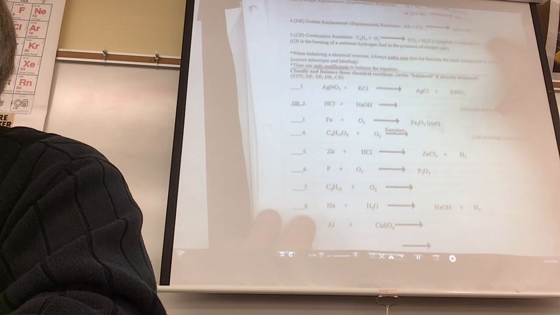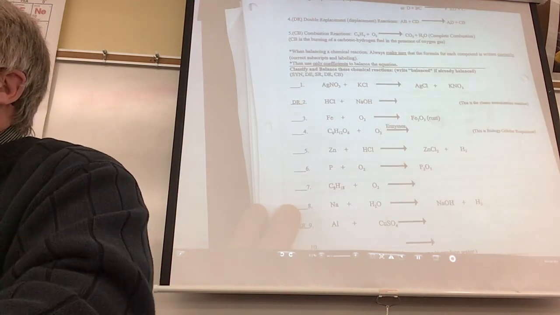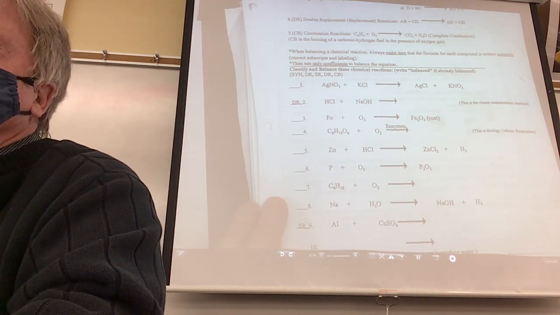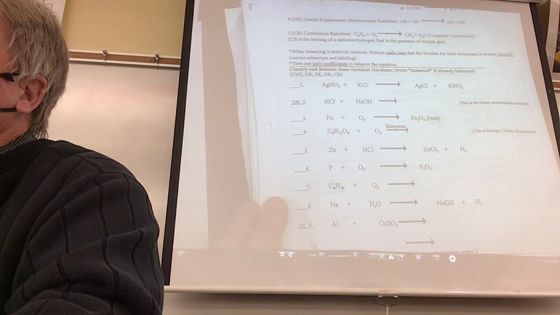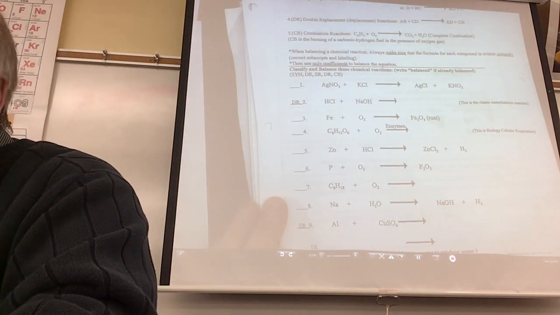Now let's see how smart you are. I want you to go down here, this page right here. I want you to look for any of those reactions and tell me whether you think it might be a synthesis or a decomposition. Which of those look like synthesis or decomposition?